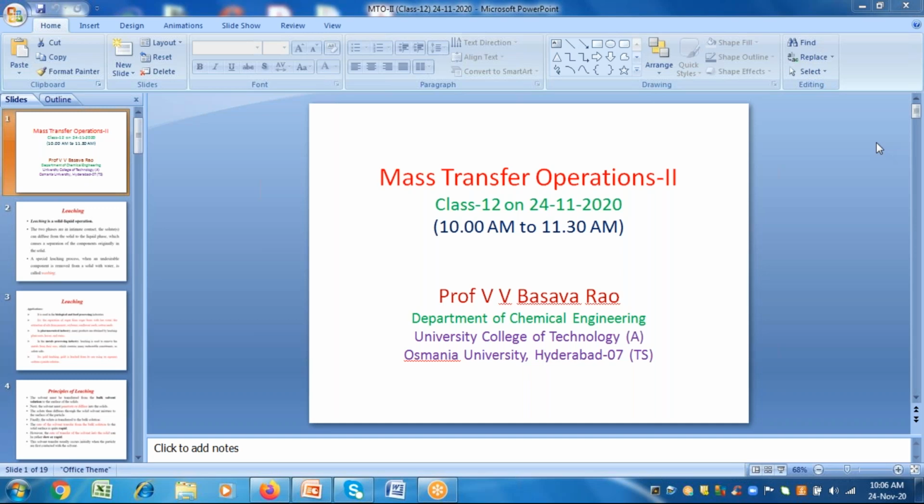In most cases water is a common solvent. You can wash the byproducts by using water if the impurities or byproducts in the solid products are soluble in water. Otherwise, you have to select another liquid solvent so that they can be dissolved in it and get separated. So this is one application of the solid liquid operations.